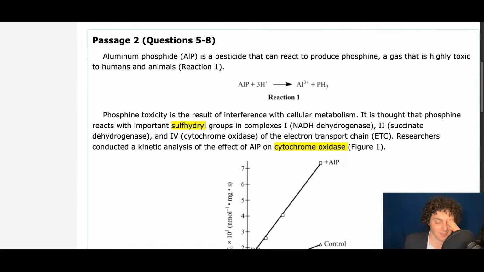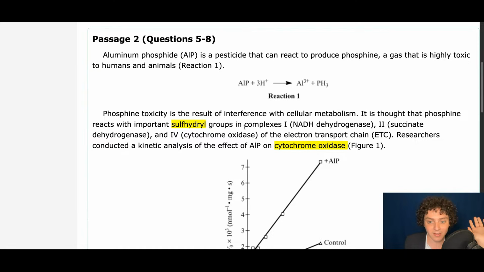So the question was not about what this experiment was actually testing. It was about you finding this needle in the haystack where they mentioned that phosphine, this gas, reacts with sulfur hydryl groups in these things, which are proteins, and specifically within the category of proteins, enzymes.